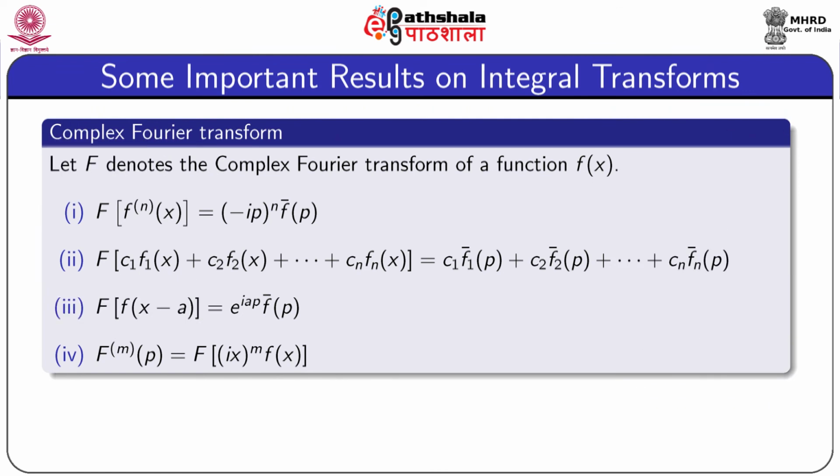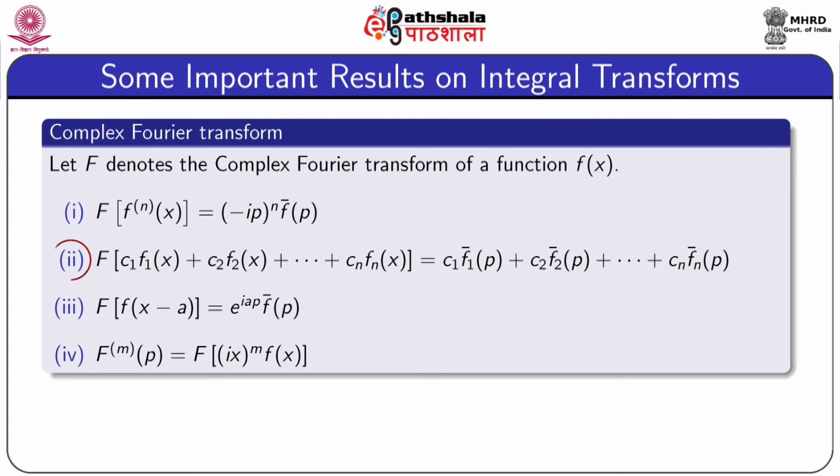And similarly, we can show some properties of Fourier transform. So, if f bar denotes the complex Fourier transform of the function small f, then the Fourier transform of the nth derivative of the function f is given by minus i p to the power n f bar(p), where f bar(p) is the complex Fourier transform of the function small f(x).